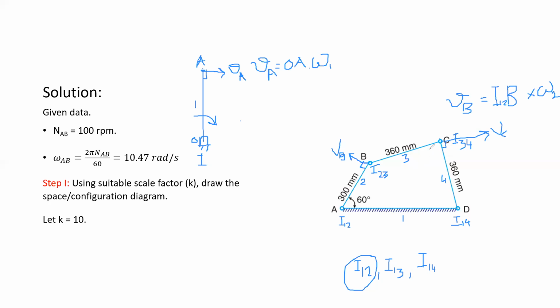Okay. Now what we are going to do, we are going to find the ICR for link 3, that is link BC. Link BC के लिए हमें ICR find out करना है। Okay.